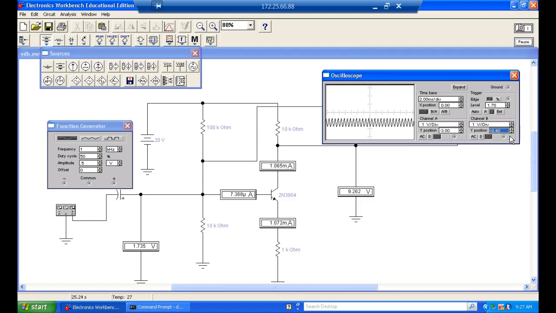This guy doesn't have a really good range on actually setting the position.